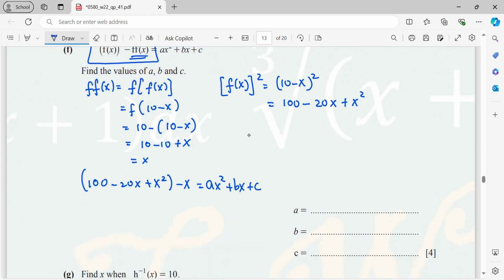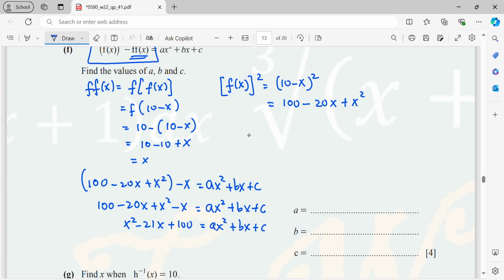Therefore, when you open the brackets, I get 100 minus 20x plus x squared minus x equals ax squared plus bx plus c. Now rearrange: x squared minus 20x minus 1x is minus 21x, then plus 100 equals ax squared plus bx plus c.